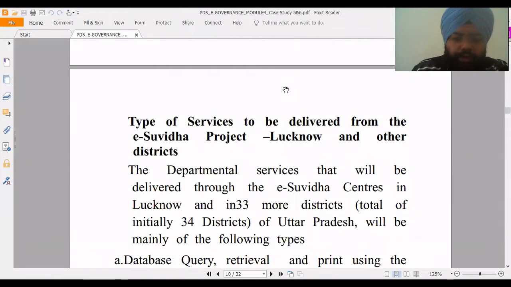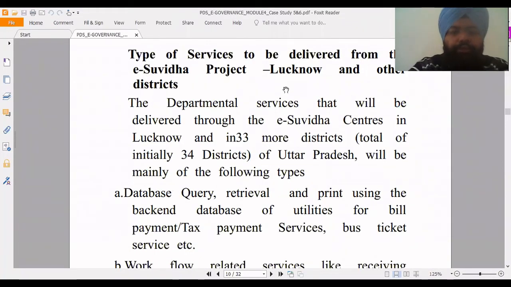So going forward, we come to the type of services to be delivered from the e-Suvidha project, Lucknow and other districts. The departmental services that will be delivered through the e-Suvidha centers in Lucknow and in 33 more districts, a total of initially 34 districts of Uttar Pradesh, will be mainly of the following types.